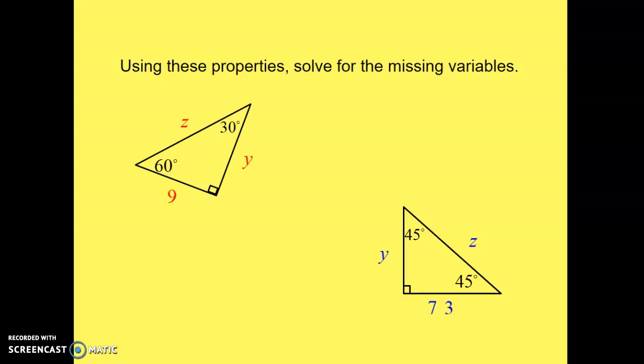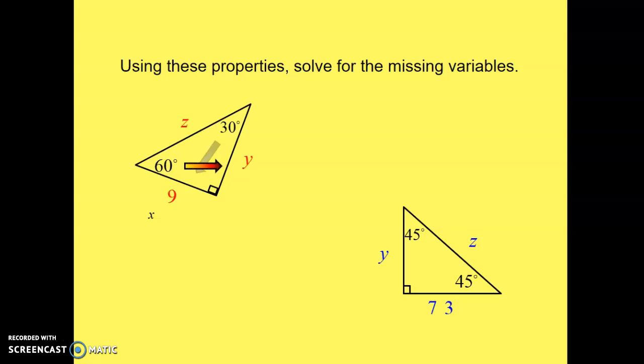Okay. So the first one, we have a 30, 60, 90 triangle, and we're given the side opposite of the 30-degree angle. Okay, which means that is got to be our x term. So if that's the x term, we can figure out the other ones just on the fact that that is the x term, because the y across from the 60 has to be x times root 3, and the z across from the 90 has to be 2 times x.